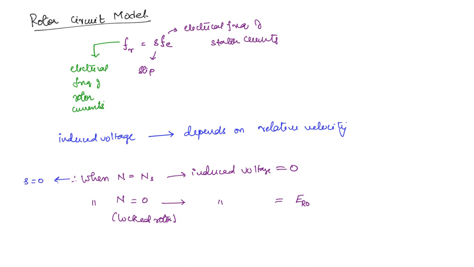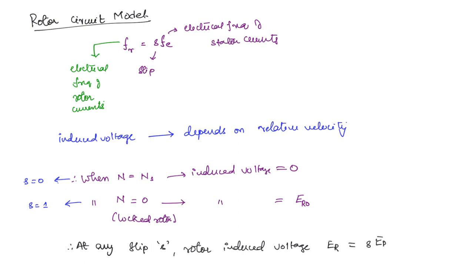What is the slip at synchronous speed? S is equal to 0. What is the slip at locked rotor? It is equal to 1. So you can see that the induced voltage is proportional to the slip. Therefore, at any slip S between zero speed and synchronous speed, the rotor induced voltage ER will be equal to S times ER naught.